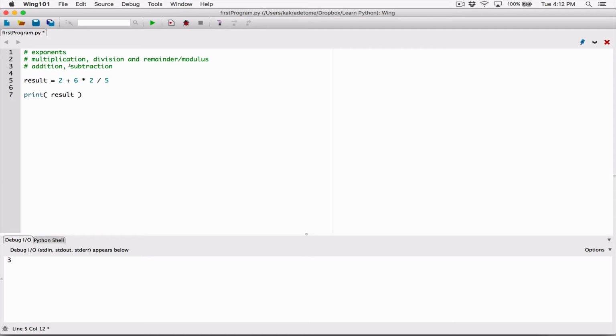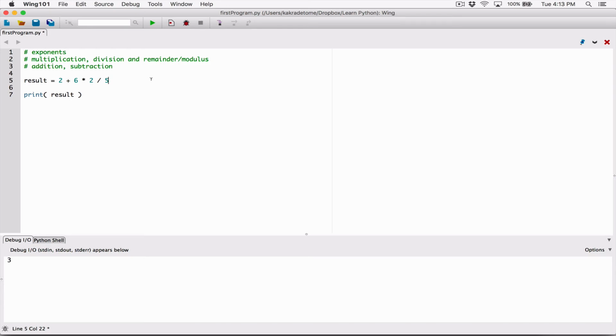Multiplication and division come before, so they have higher precedence than addition, and we know that multiplication and division have the same precedence, so it's going to start from left to right and evaluate the first one on the left, which is multiplication. 2 times 6 gives you 12, right? And then it divides 12 by 5, and then it adds the result to 2. So it's pretty much the same as what we learned in our math classes, right?